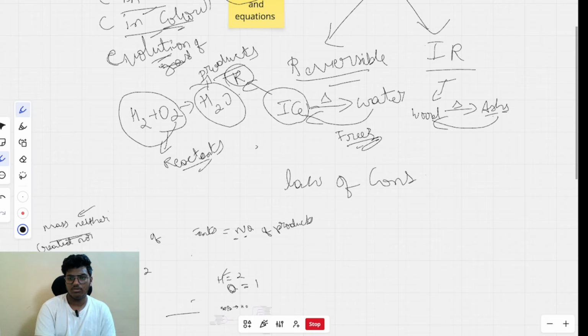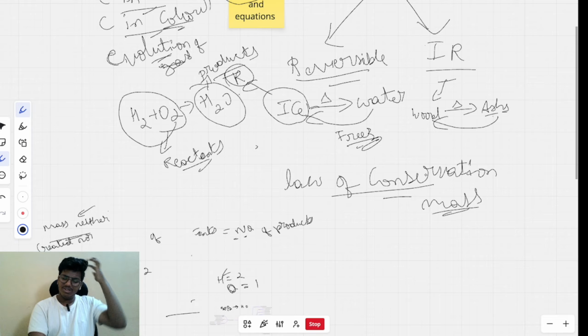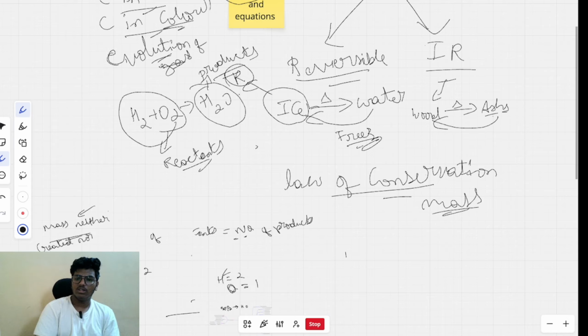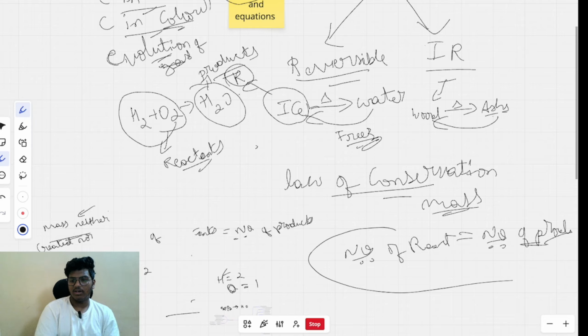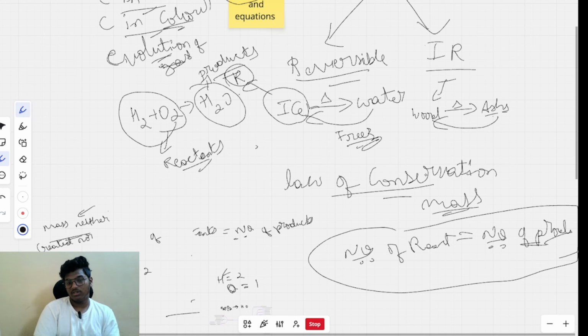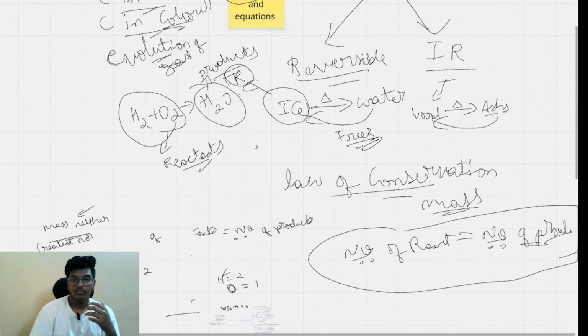It states that mass can neither be created nor destroyed. But in this specific chapter, it means the number of reactants will be equal to the number of products, which we're going to discuss in the next video. Thank you.